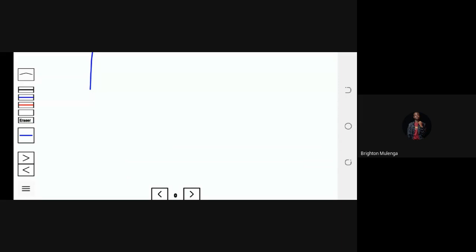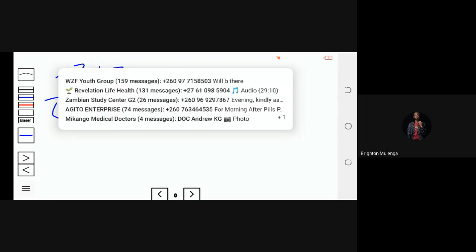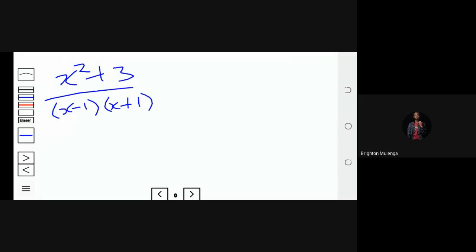We're having x squared plus 3 on top, and down we're having x minus 1 times x plus 1, right? This will be equal to what? Is it A over x minus 1 plus B over x plus 1?